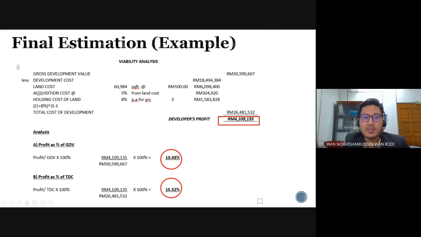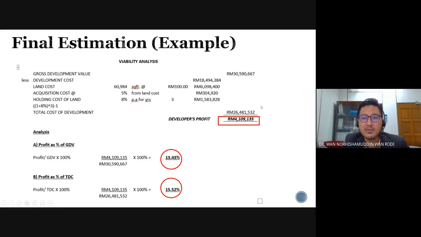And then you also put the land costs, acquisition costs, and holding cost of land. So these are examples of the calculation. You include them within the cost group, and then you total up every cost involved.